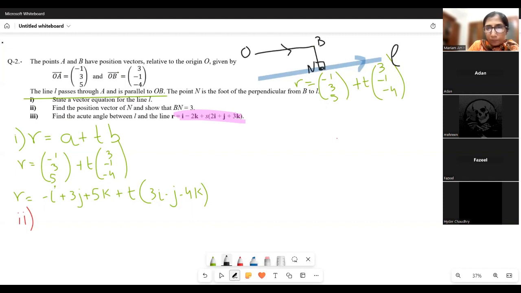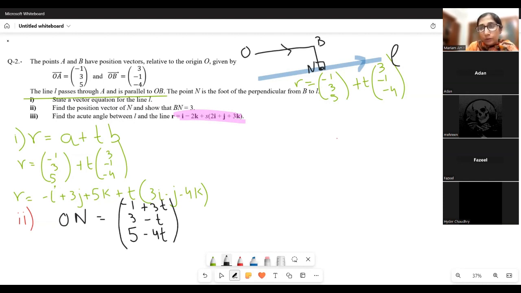Since N lies on the line, the equation of ON in the form of t would be same as this. So ON would be -1 plus 3t, 3 minus t, and 5 minus 4t. That is ON in terms of t.